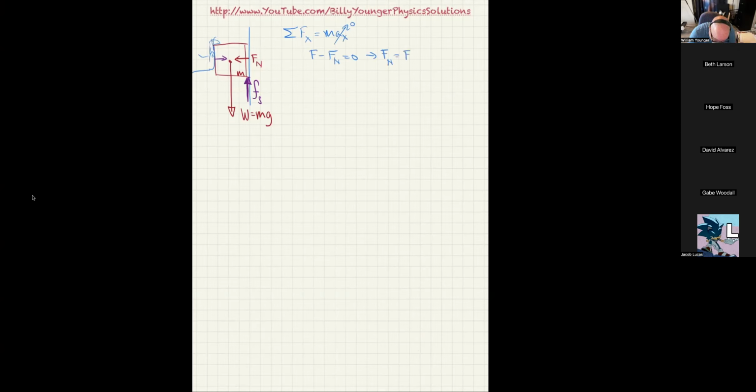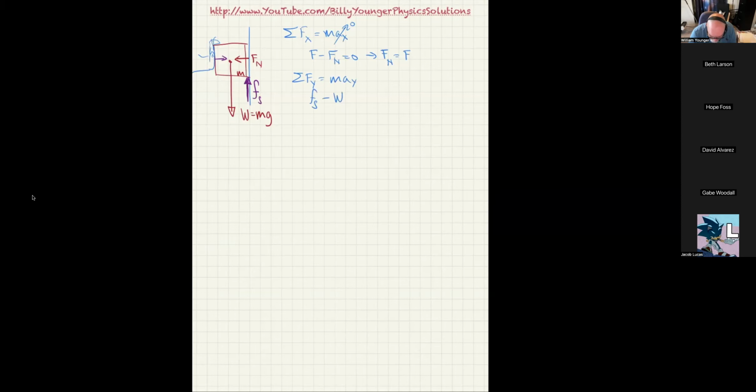Now, in the y direction, the summation of forces in the y direction equals mass times acceleration in the y direction. Ideally, we want the acceleration to be zero, but we can leave it as just ma and then know that once we've got all the equilibrium conditions met, we can just figure out what happens when a equals zero. Right now, the only forces in the y direction we have are the friction force Fs minus the weight.